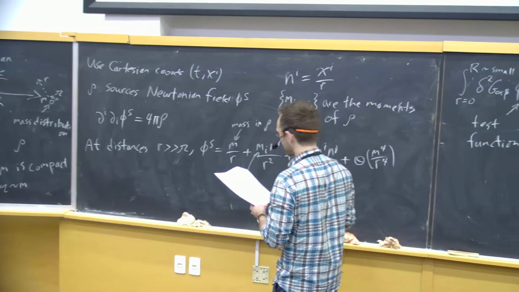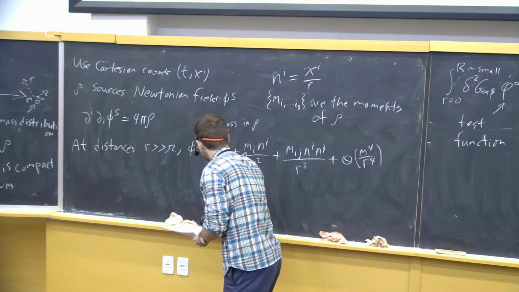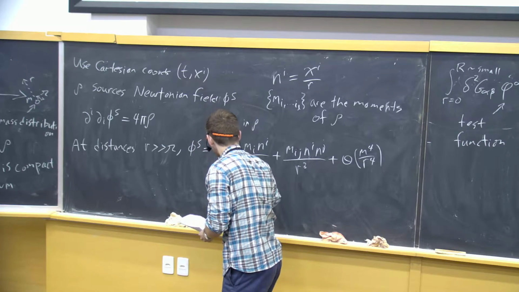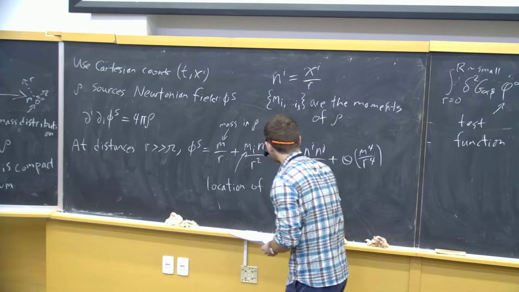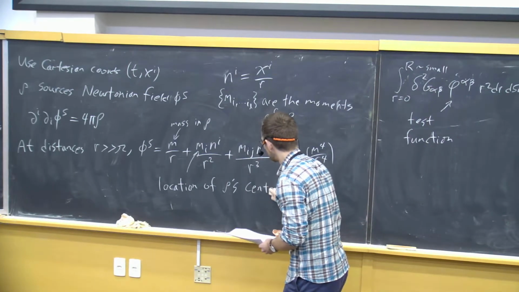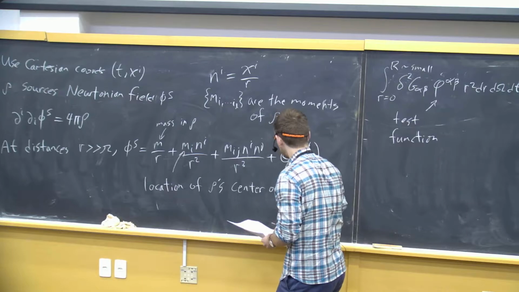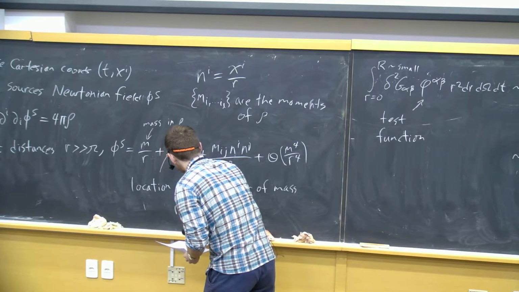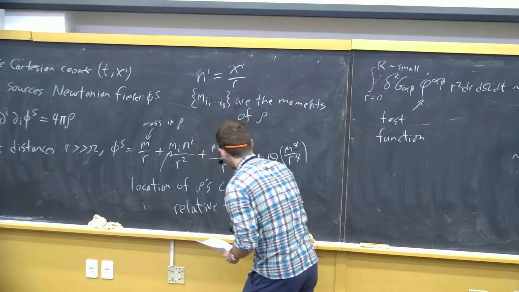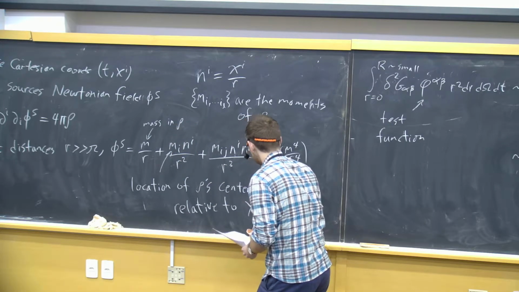This M^i is the location of rho's center of mass relative to the origin of the coordinates at x^i equals 0.